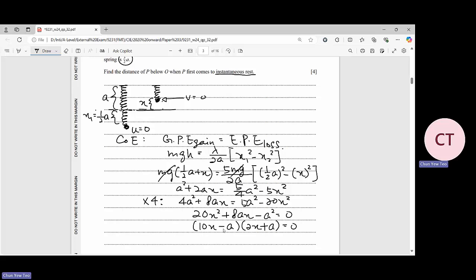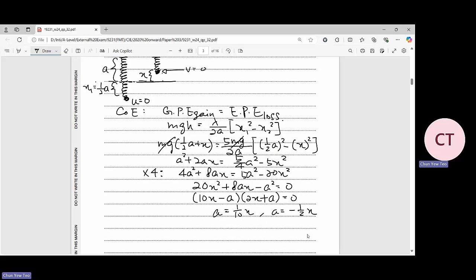Yeah, you need to have this. Okay. So we will be having a is equal to 1 over 10x and a is equal to the negative half x. So we know that a cannot be negative. We will ignore it.